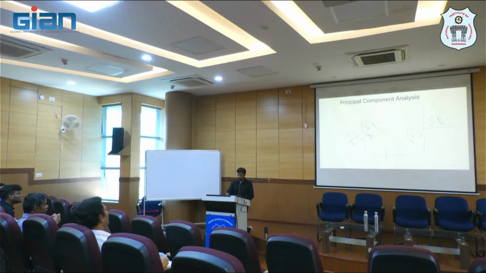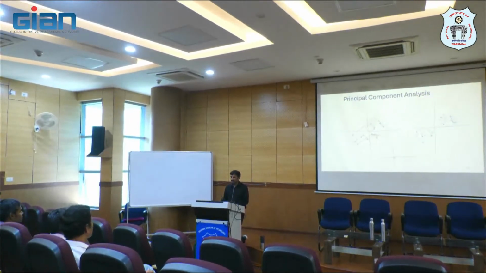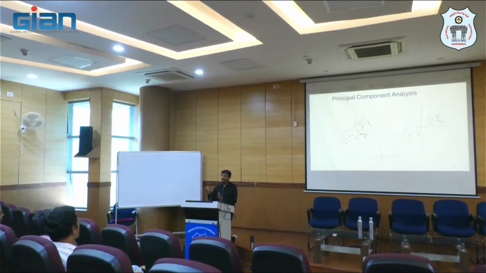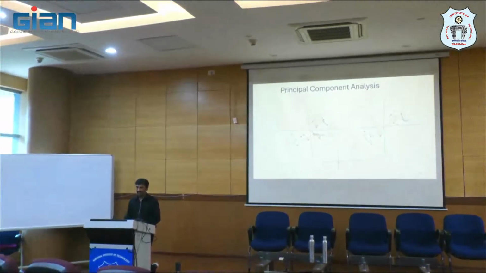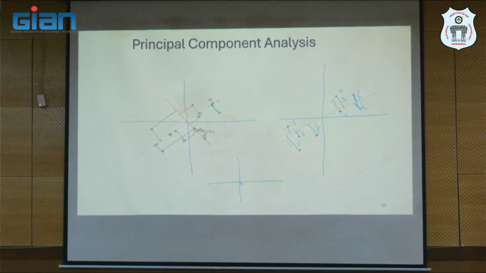But what we have to look at is, when I draw a line like this, what will be the error? For each point, the error will be this large. So ideally, your principal component will result in minimal errors. So it is like a best fit, based on the points you have. Exactly.